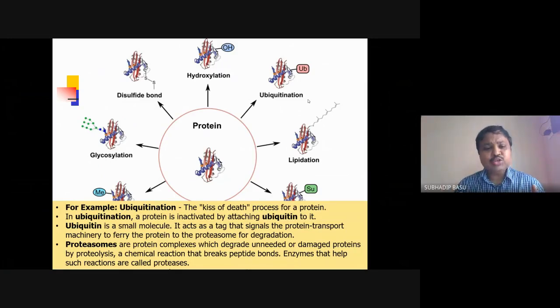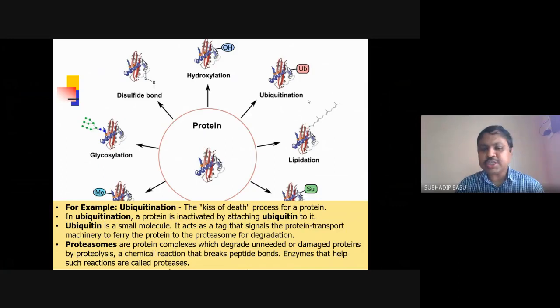What is this? In ubiquitination, a protein is inactivated by attaching a ubiquitin molecule to it. Okay, so this is the post-translational modification process of a protein, which is called ubiquitination.